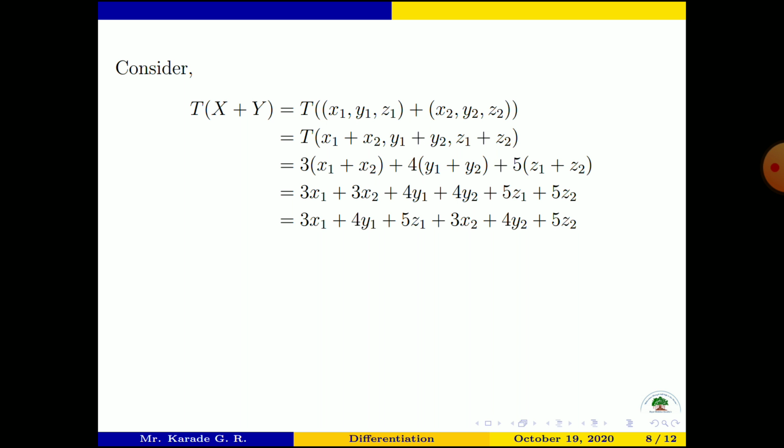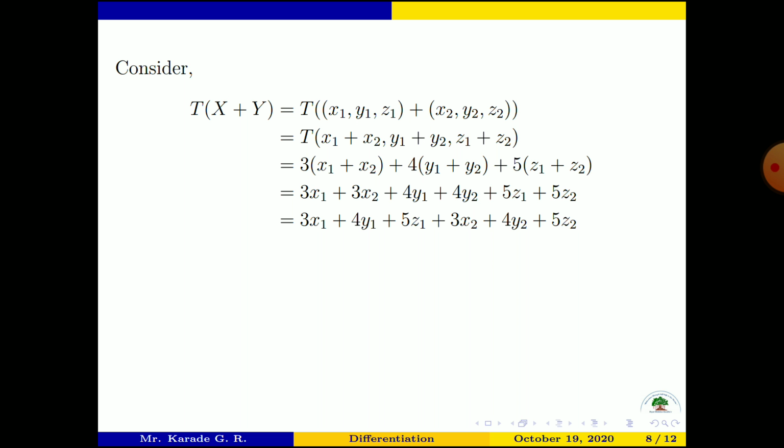Now, in the next step, we collect the terms having suffix 1, which means we take together 3x1 plus 4y1 plus 5z1, and the terms with suffix 2, which means 3x2 plus 4y2 plus 5z2.